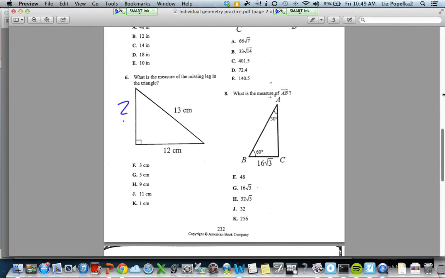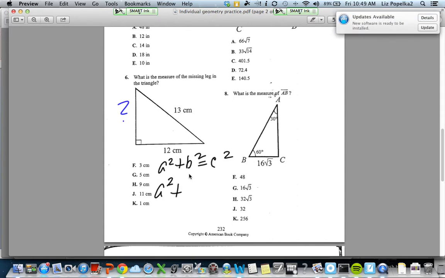It'd be great if one of these answers were bigger than 13 so we could knock it out, but unfortunately, it's not. So we're going to try to see if we can do a squared plus b squared equals c squared. Remember, that means the two shorter sides. We don't know what this side is right now. So whatever this mystery number to the second power is, plus this number to the second power, if we add them together, it's going to give us this number to the second power.